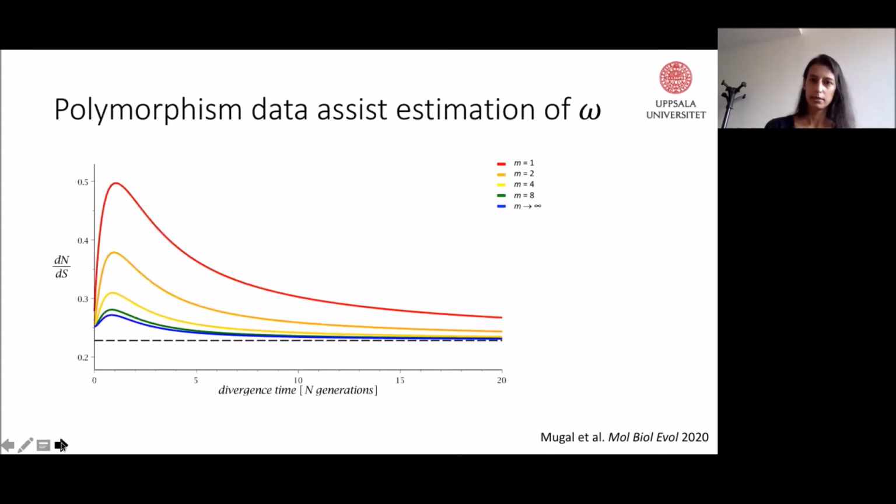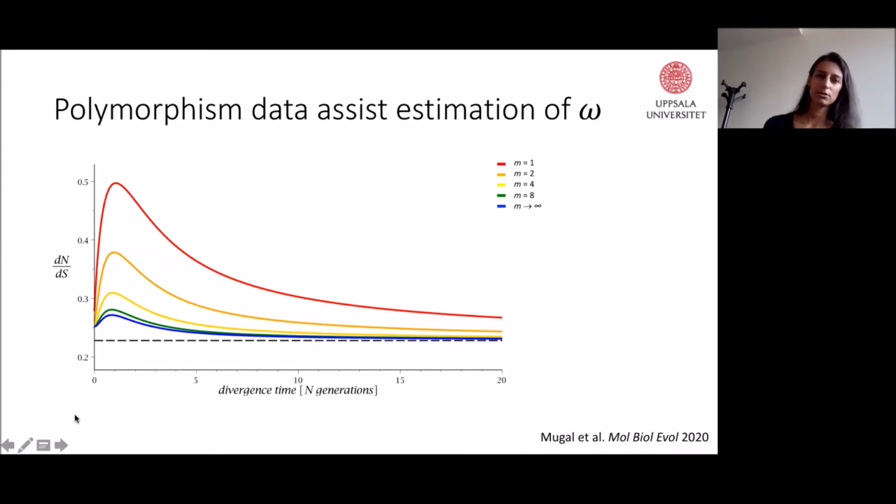And if we do that, and now I'm increasing sample size, so from 1 is still the same red line, 2 would be 1 diploid individual, and so on. So we have until m equal to 8, and then we use m to infinity, which converges towards sampling the entire population. So what you can see here is that indeed our estimates get better and better.